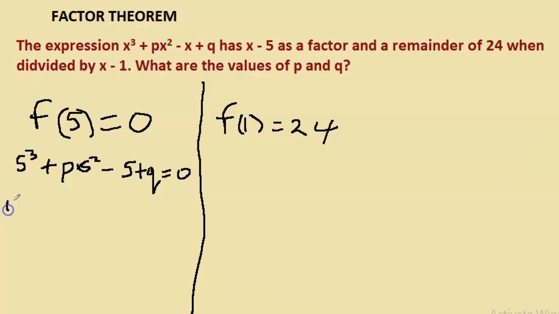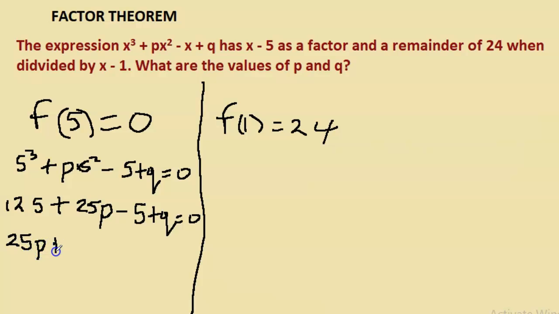So 5 cubed, that's 125, plus 5 squared, so 25p, minus 5 plus q is equal to 0. Let's see if we can group constants. What we have here is 25p plus q, and for the constants, 125 minus 5, that's positive 120. That's equal to 0, right?